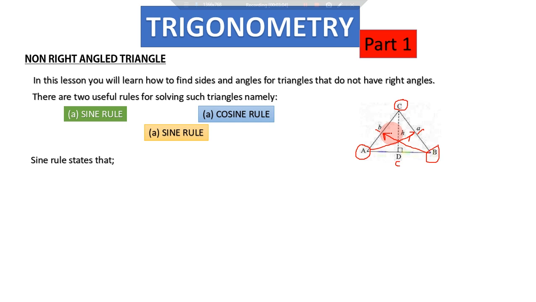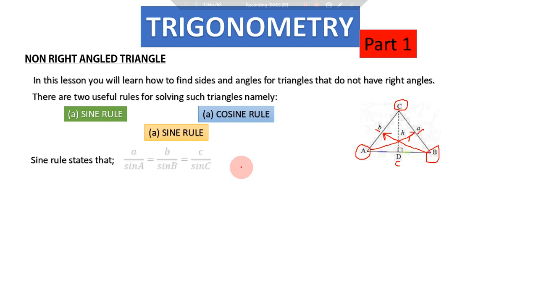So there is a ratio between an angle and its side. That ratio will be equal to these other ratios. For instance, the ratio of the angle A and the side a will be the same as the ratio of the angle C to the side c. Those ratios will be equal to each other, and that's what makes the sine rule.